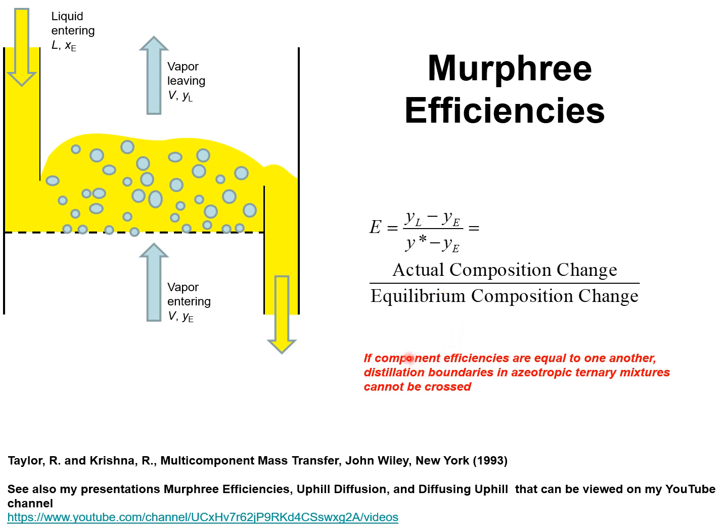Now, there are important consequences of unequal component efficiencies on distillation trajectories experienced in, say, azeotropic distillation. If the component efficiencies are equal to one another for ternary azeotropic mixtures, distillation boundaries cannot be crossed.